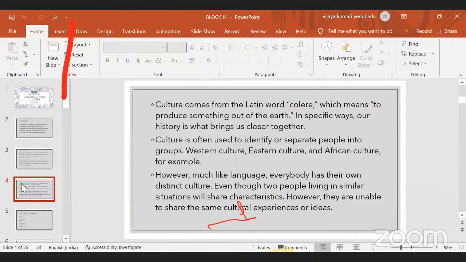Even though we are communicating in the English language, our way of behavior, our way of understanding is quite different from the native speakers of English. What makes the difference? It is culture.